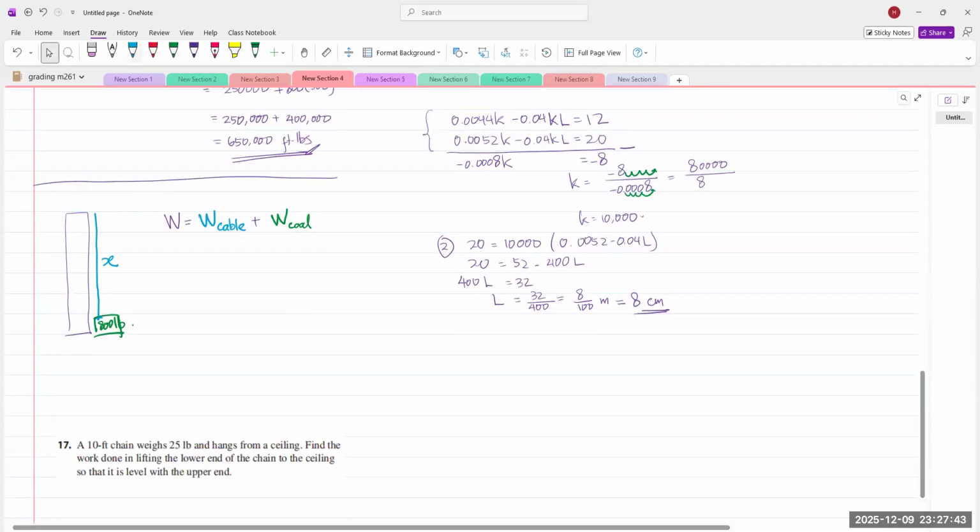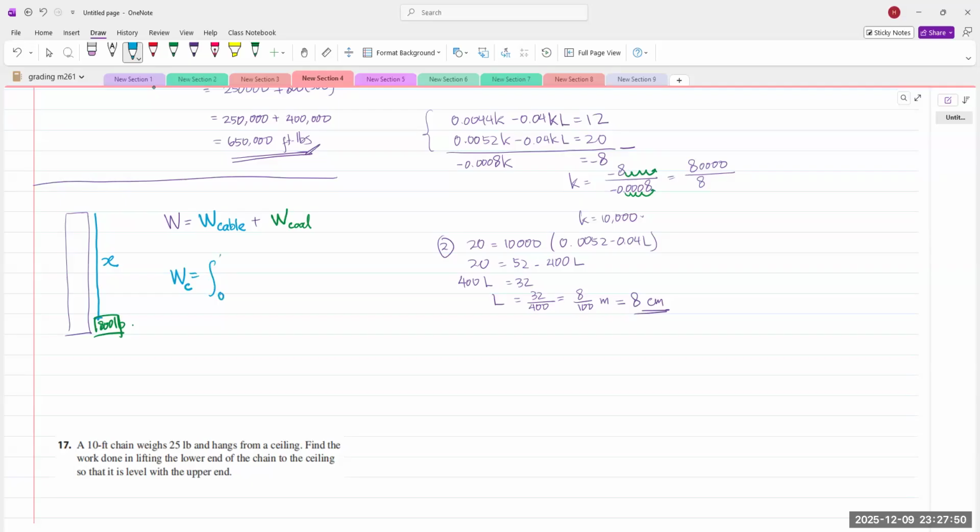Now the work done by the cable will be the integral from 0 to 500. The weight of the cable when it is x feet down is 2x. So when you integrate this, you will get x squared from 0 to 500, so that becomes 250,000.